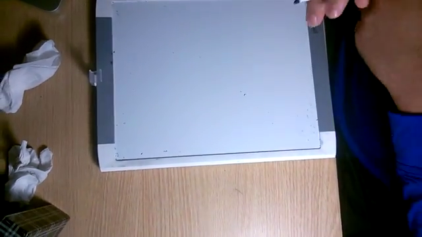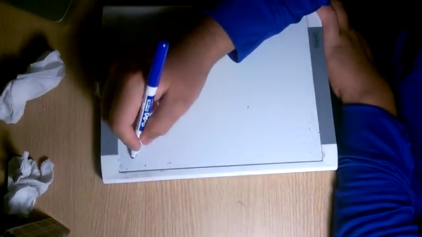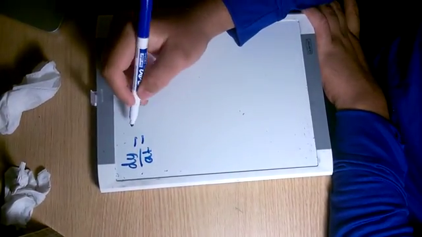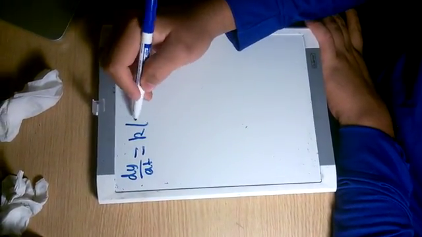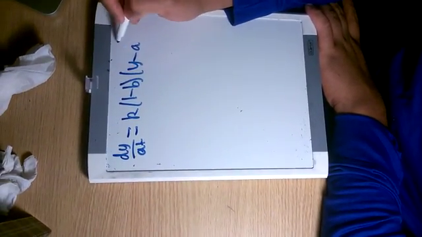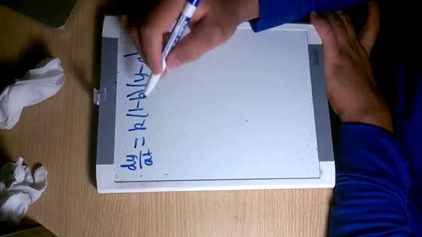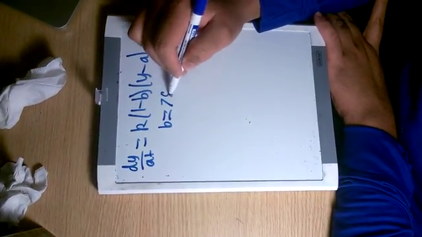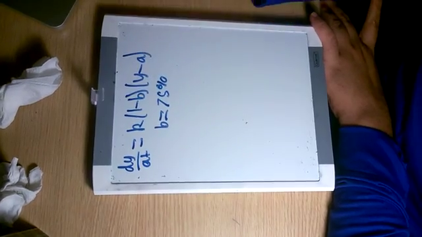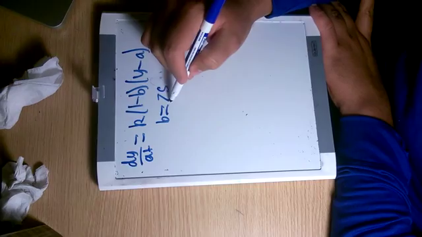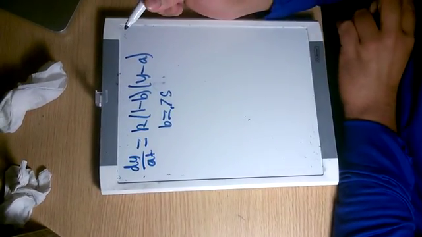Alright, so the equation that was given to us was dy/dt = k(1 - b)(y - a). The first thing we're going to do is plug in b, which was given to us as 75%. To convert the percentage, we move over two decimal places, which gives us 0.75 as a decimal.